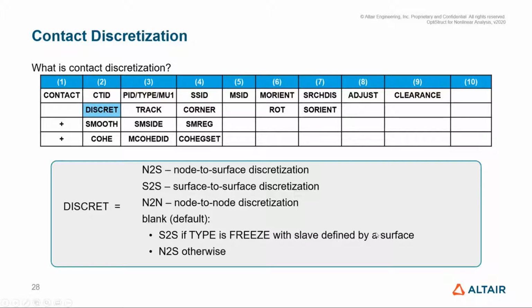But if you use a set that defines the elements, then it's going to become surface to surface. So basically this is the general rule that we use. If you want node to surface, then of course it's easier to choose all the nodes in the set. If you want surface to surface, it's easier to choose all the elements in the set.